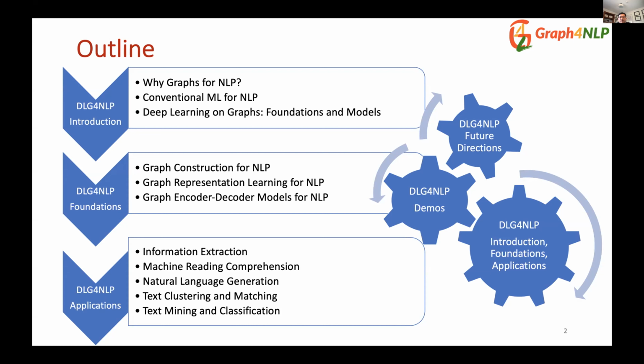After that, we will also briefly introduce our DLG4NLP demo, our Graph4NLP library, which is the first library for promoting easy use of graph neural nets for various NLP tasks. And then we will conclude this tutorial with the future directions.